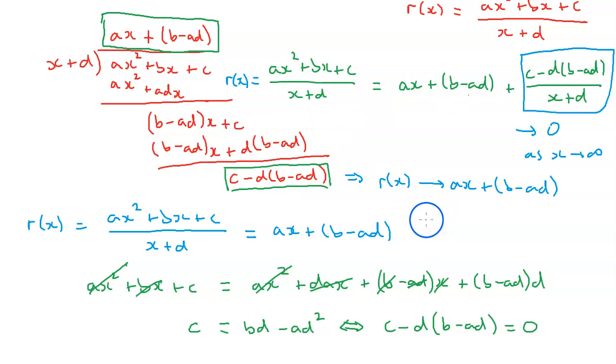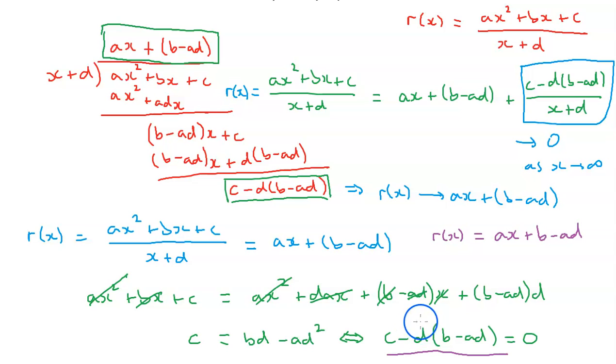In other words, x plus d is a factor of r of x, and in fact we would have that r of x is equal to its asymptote, so it's equal to ax plus b minus ad if this is true.